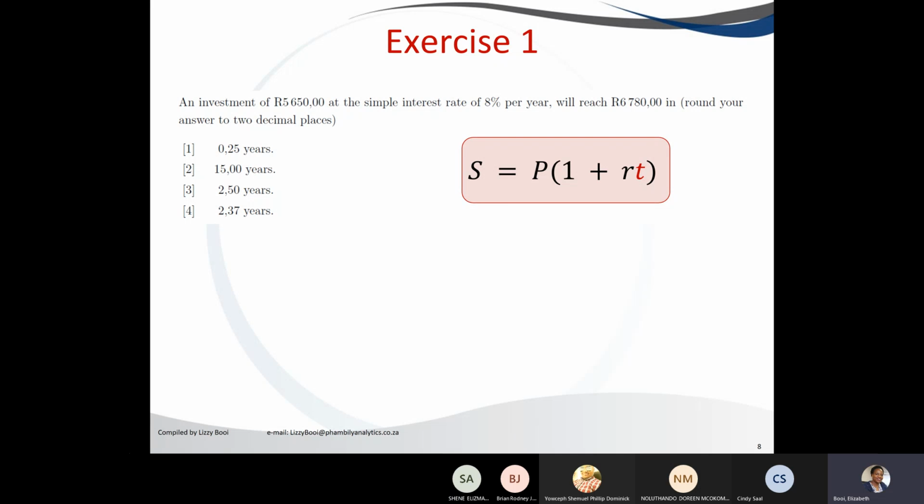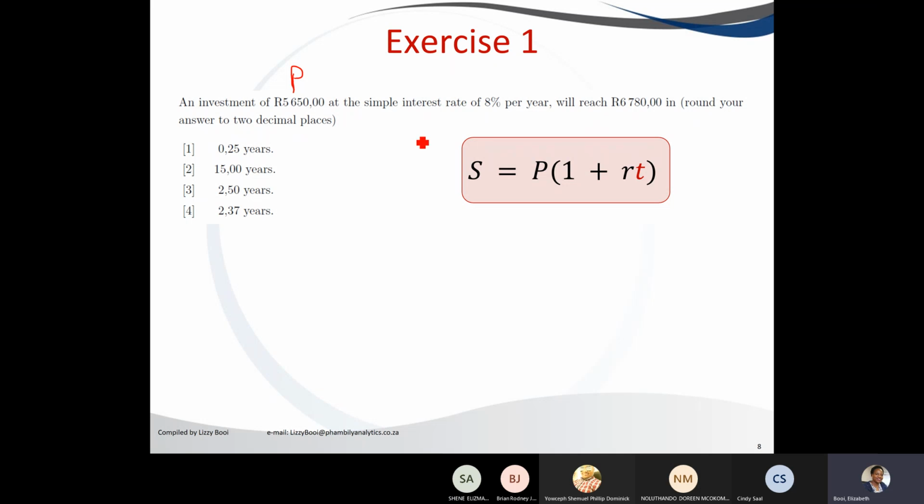Let's identify what we are given in the question. What are we given? We are given the present value.